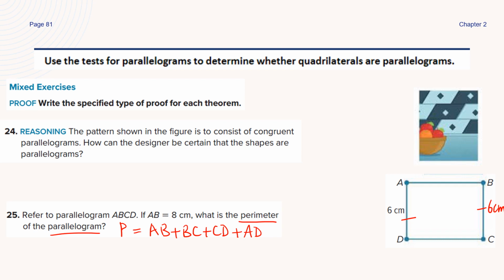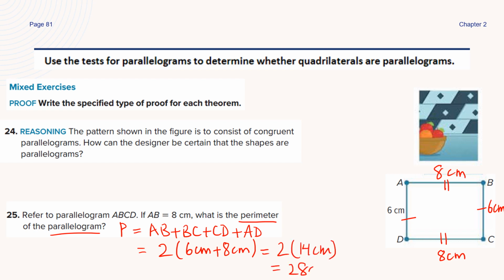And if AB is given to be 8 centimeter, then CD is also 8 centimeter. So what will be the perimeter? 2 times 6 plus 8 centimeter. So this is 2 times 14 centimeter, which is 28 centimeter. So this is the perimeter, which is the sum of all sides when you add them.